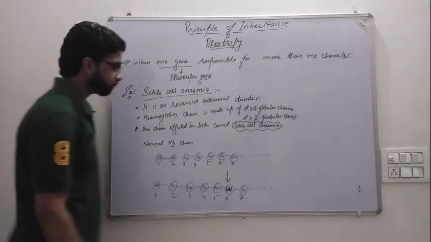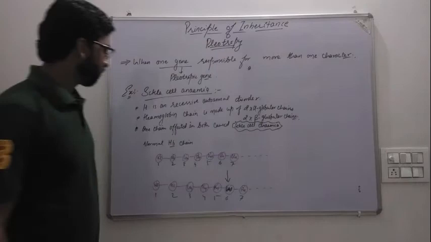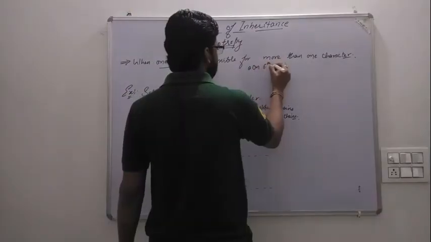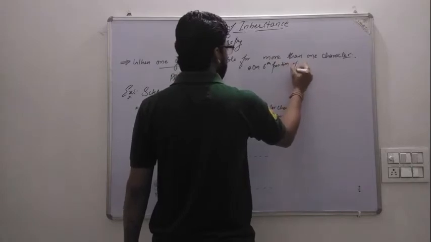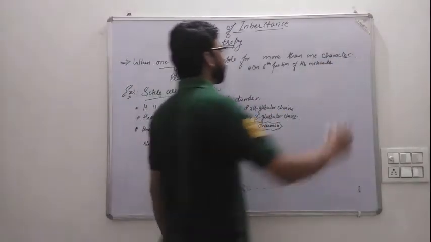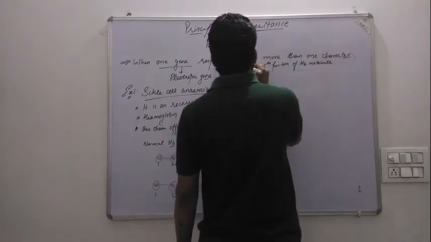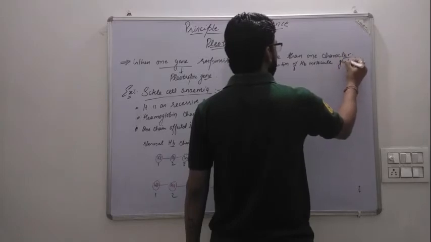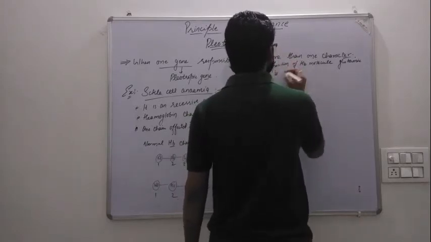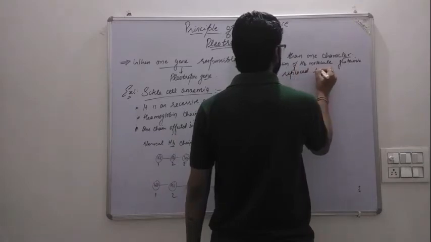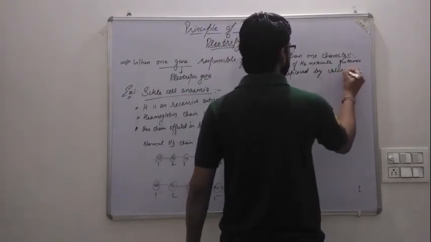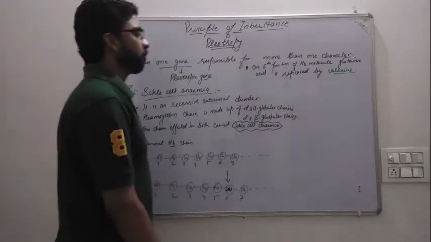What do we have to say here? On the 6th position of the hemoglobin molecule, or we can say the globular chain of hemoglobin, glutamic acid is replaced by valine.